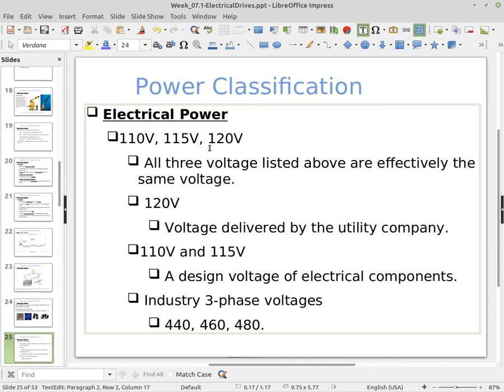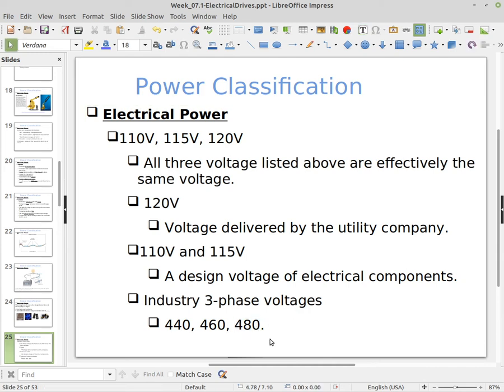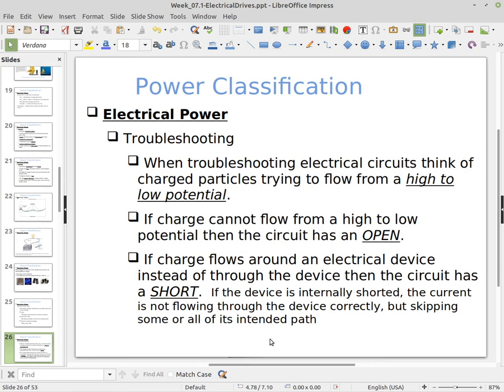But they're basically the same voltage. But when we start talking about industrial type applications, they use what they call three-phase voltage, and a lot of times they use up to 480 volts, or even the very large motors use up into the thousands of volts to power those motors.